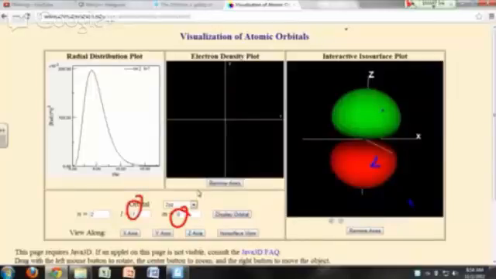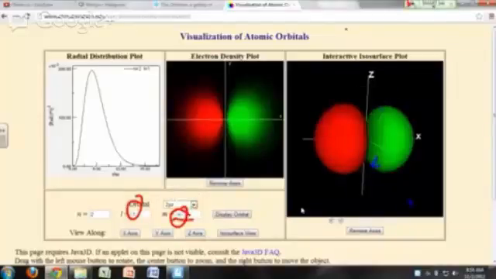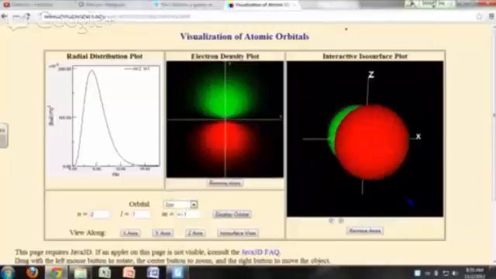But if you want to do 2px, it says right here that what you actually have is a linear combination of two wave functions, two orbitals, one with a plus 1, the other with a negative 1. So your m quantum number for a px orbital is not well defined. It's a linear combination of wave functions with m equals plus 1 and m equals negative 1. The same thing for the 2py orbital.